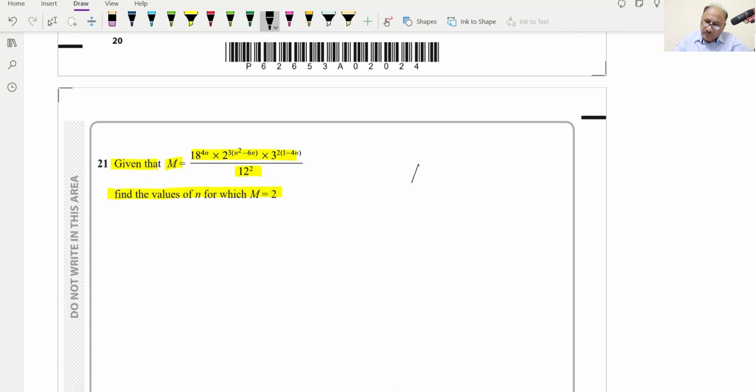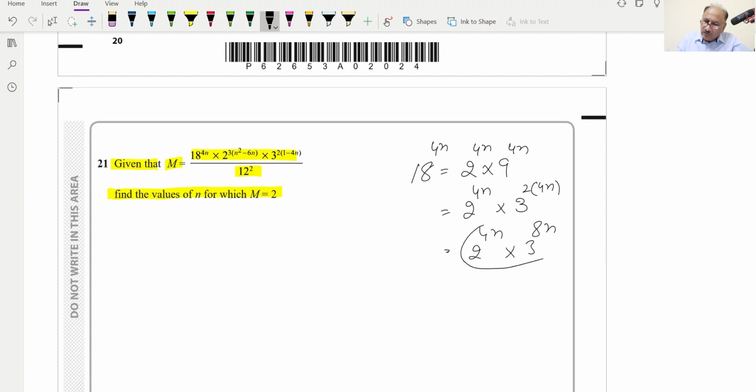For your understanding, 18 we can write as 2 into 9, so 18 raised by 4n we can write as 2 raised by 4n and 3 raised by 4n. Similarly, we can further change 9 as 3 squared, and we can write 2 raised by 4n into 3 raised by 8n.